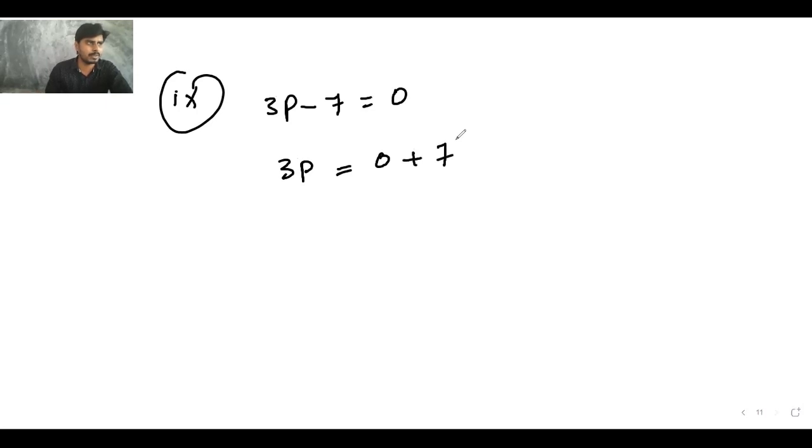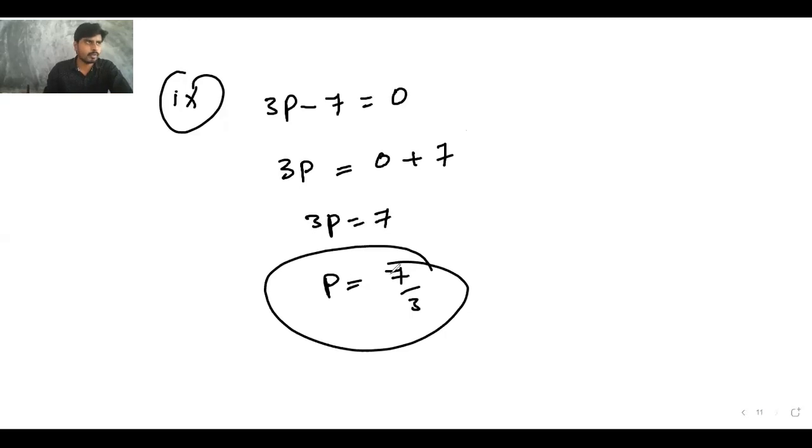Observe carefully. 3p minus 7 is equals to 0 will become 3p is equals to 0 plus 7. So 3p is equals to 7. P is equals to 7 by 3. Got it? Any doubts? Clear?